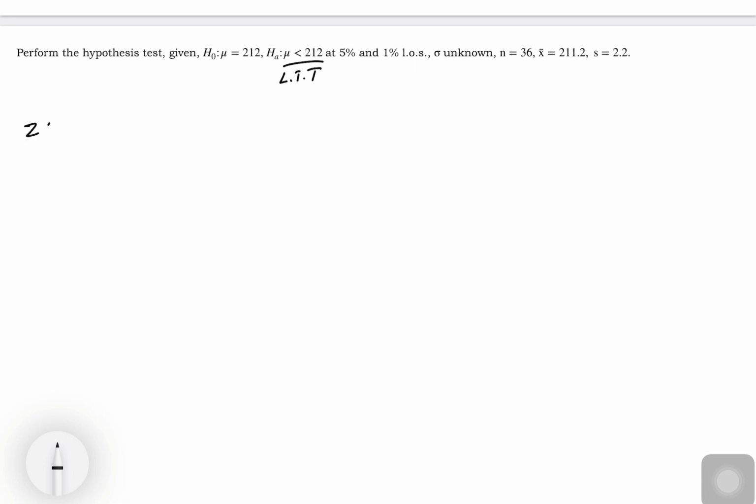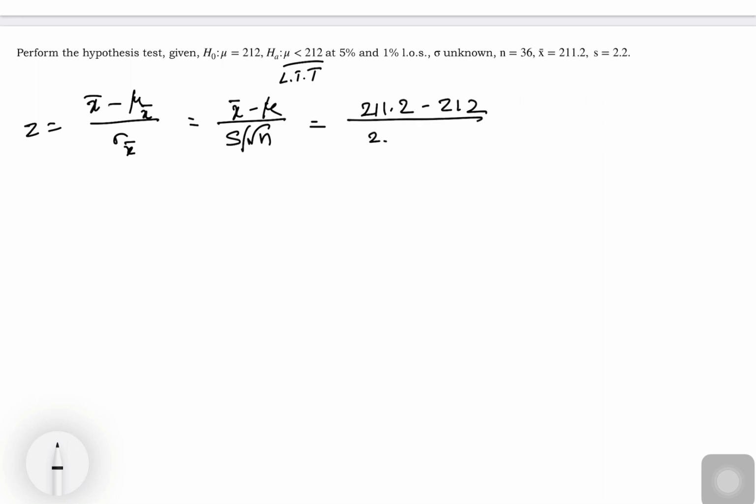So z will be equal to x bar minus mu over sigma x bar, which is x bar minus mu over, since sigma is unknown, we can use s over root n, which is 211.2 minus 212 over 2.2 divided by root 36. This is obtained to be equal to minus 2.18.